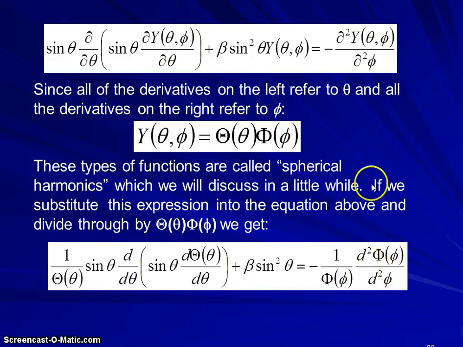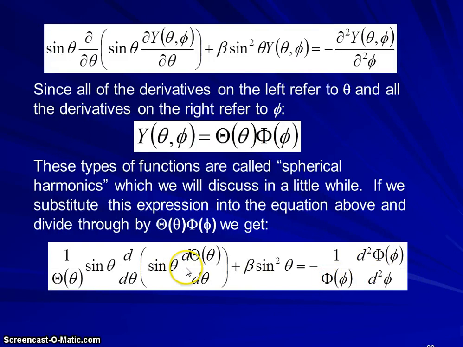On this side, if we're taking the second derivative of the full function, we can pull the phi terms out, I'm sorry, we can pull the theta terms out to the front, and then when we divide through by the full function, we get 1 over theta there. So now we have only theta on the left.